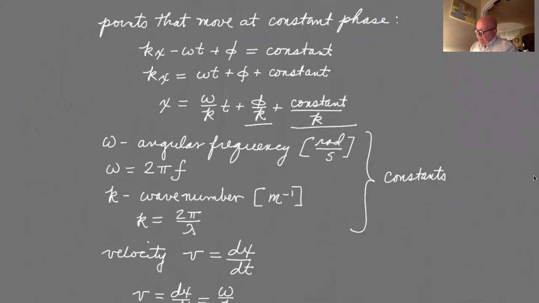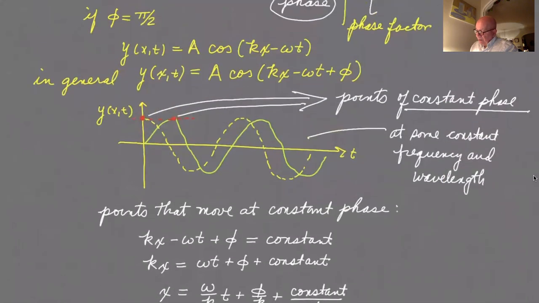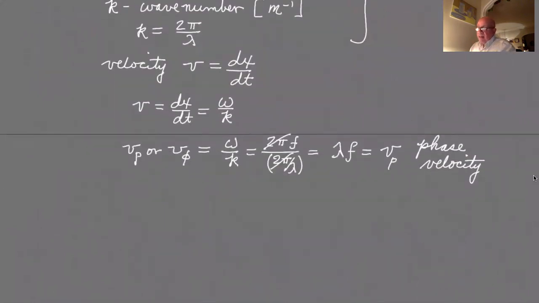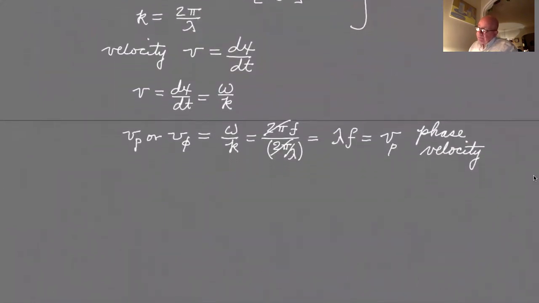It's the velocity of the phase. All right, so that's that piece. And we've seen it before, but we didn't call it the phase velocity. We just called it the velocity of the wave disturbance, okay?